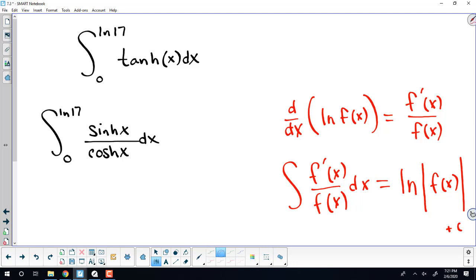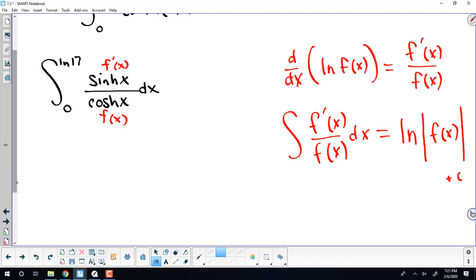So there's your f of x, and there's f prime of x. If you recognize that pattern, then you can immediately jump to the antiderivative, which is just the natural log of the absolute value of the hyperbolic cosine.